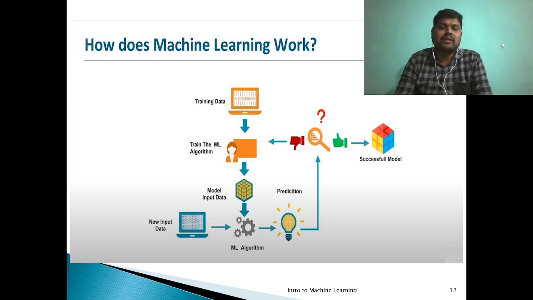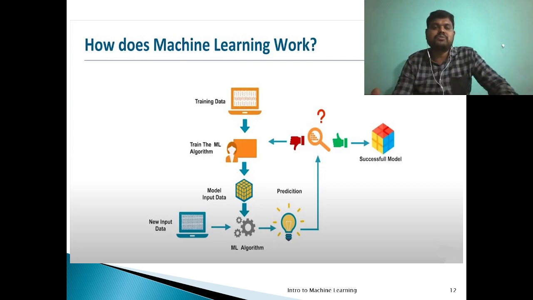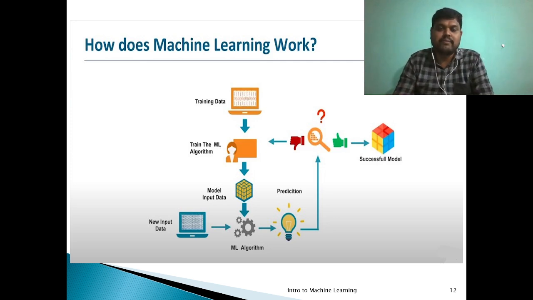Usually people will split 70-30, 70% for training and 30% for testing. Training data will be used to train the model, right? The training will not happen in a single step. Usually the training will be done over multiple iterations, with different kinds of attributes, different kinds of environmental settings, and so on, right?